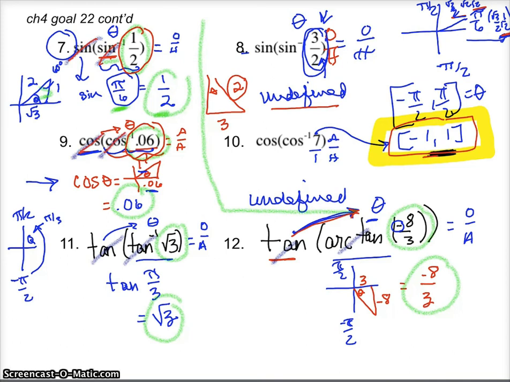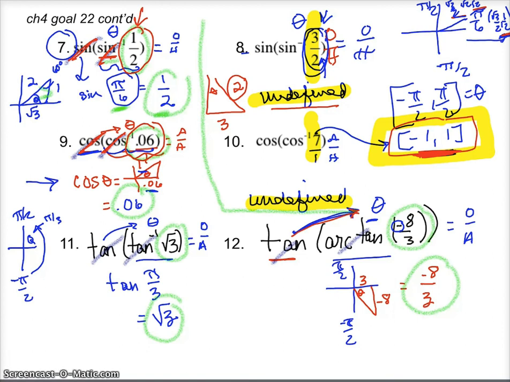Because the domain for inverse sine and inverse cosine is -1 to 1, if our function value that we're taking the inverse of is between -1 and 1, the sine and cosine will cancel. If the function value is not between -1 and 1, then the function is undefined.